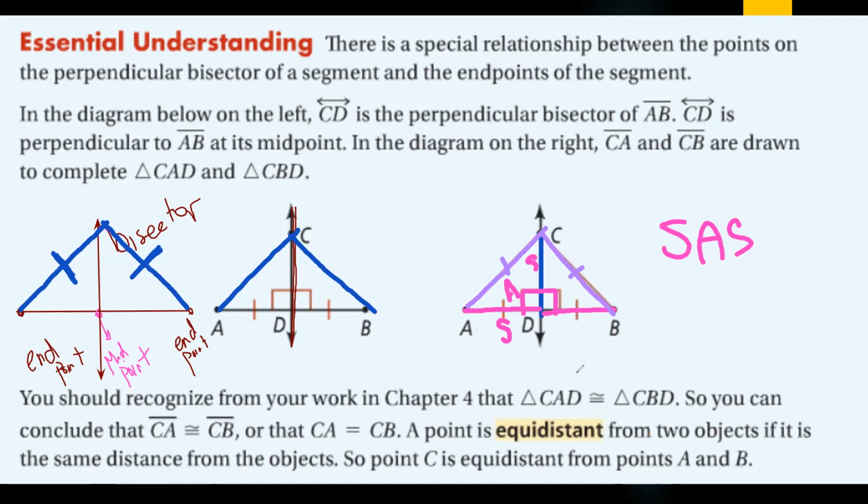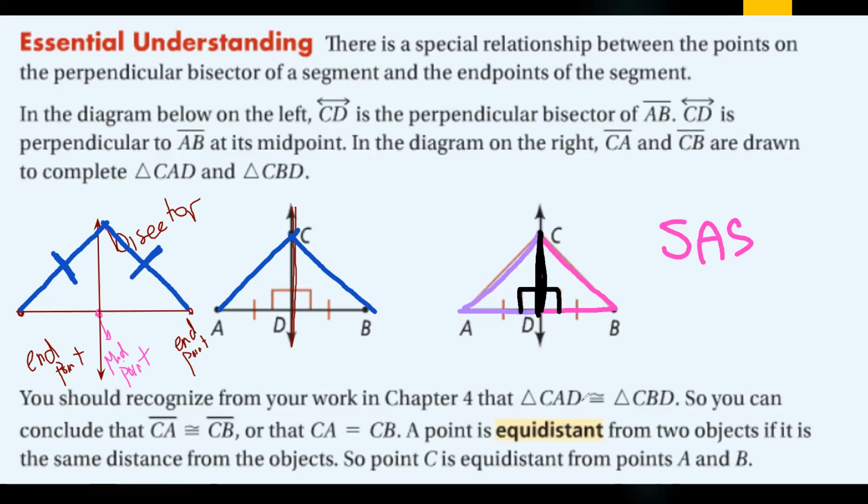So if I want to prove now that these two triangles, triangle ACD and CDB, are congruent, let's prove it. Okay, what do you say? The first one, that CD is a common side. And this angle and this angle are congruent.